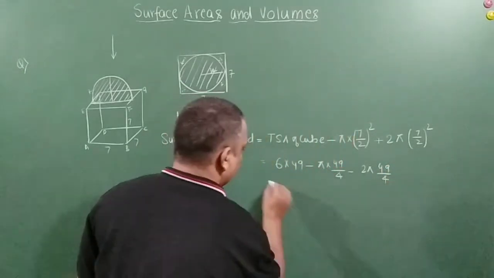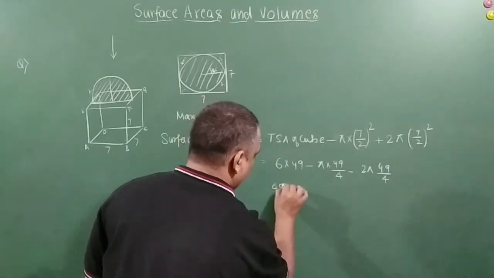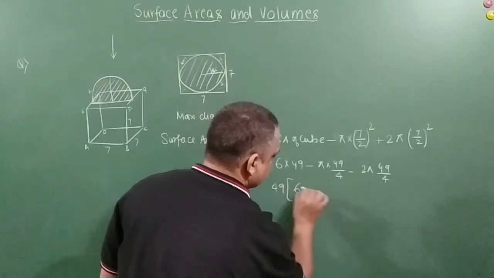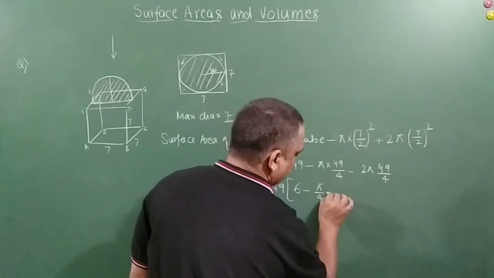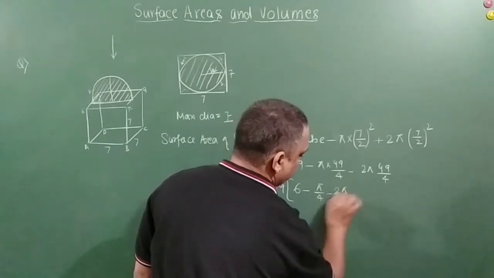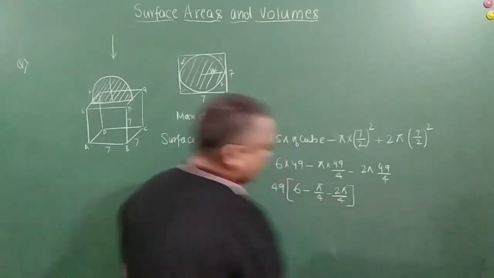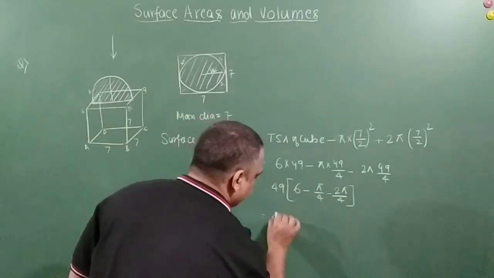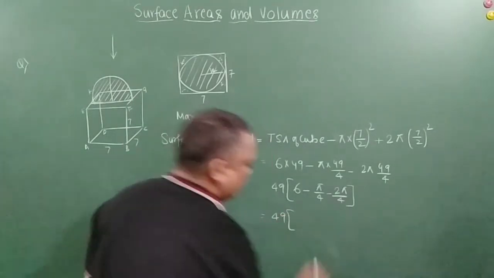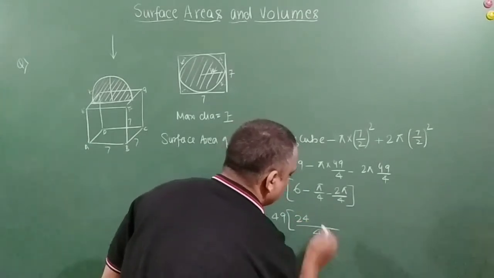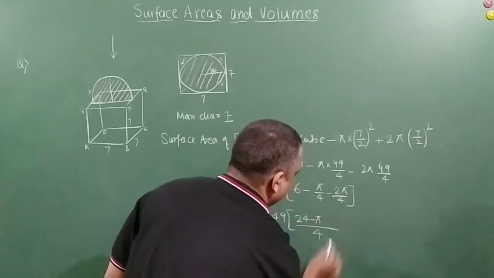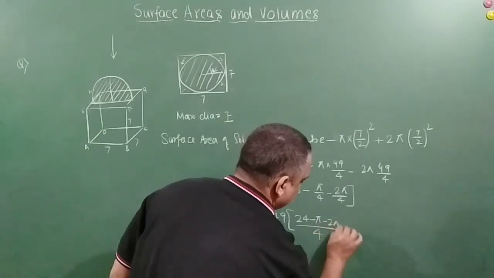Correct, friends? Now we will take 49 common. This comes 6 minus pi by 4 plus 2 pi by 4. Right? Which is also equal to 49 with 4 as LCM, 24 minus pi plus 2 pi.